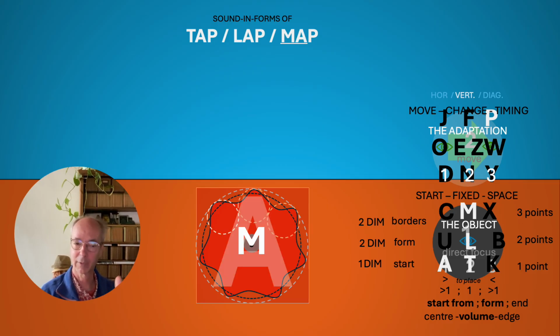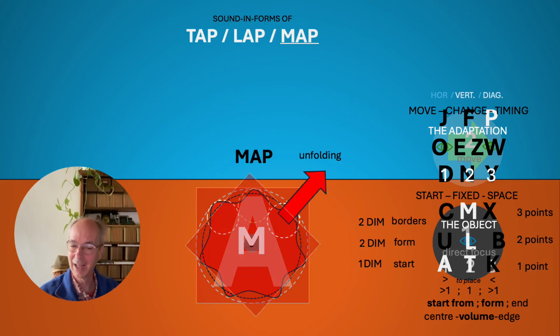Again, the A will pick out these 1, 2, 3 options in A positions that you can have compared to the full picture, M to A. And then of course the P, which will break open the borders again. And that's what the map is.